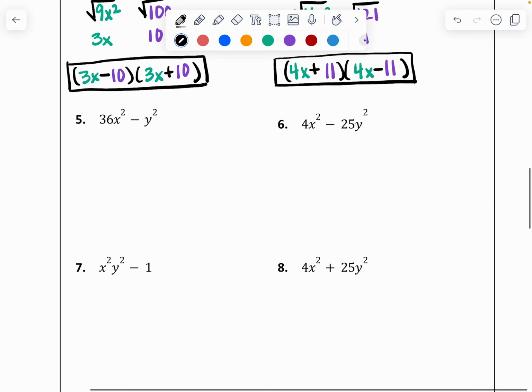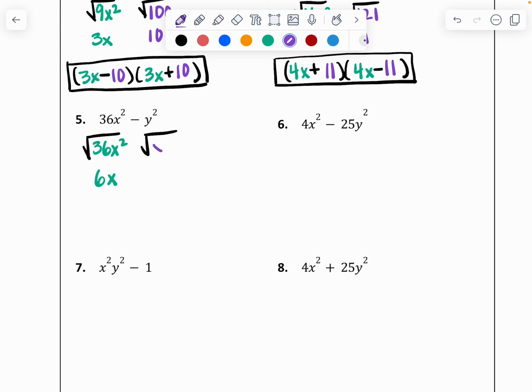Right, what if we have two variables here? Take the square root of 36x squared, which is 6x, and the square root of y squared, which is y.